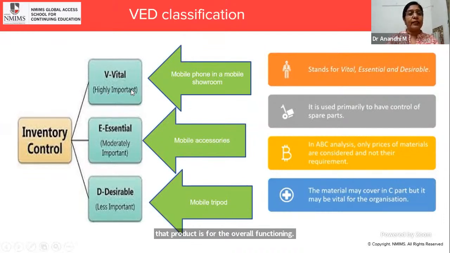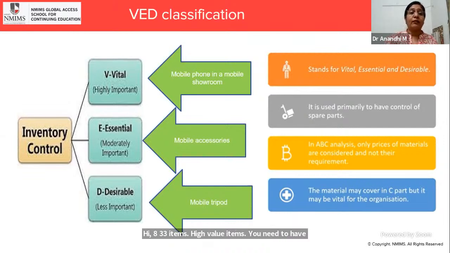Vital items, highly important, you need to have more inventory. Here, vital items may be high value items also. But in ABC classification, we saw that for A category items, high value items, you need to have lesser inventory and strict control.